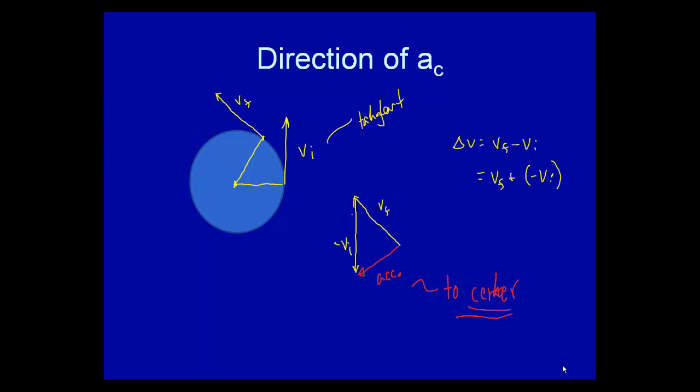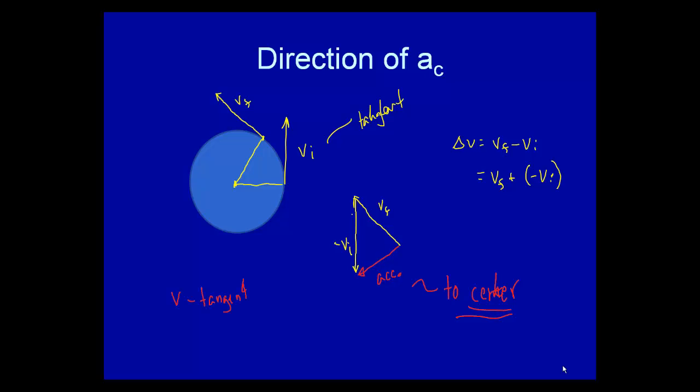Vi acts straight down, so therefore the acceleration is from my starting point to my finish point. Notice how that's approximately directed towards the center of the circle, and that was just freehand drawn. So that should verify that the acceleration is actually towards the center of the circle.